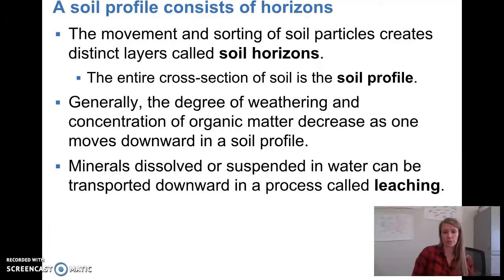And then there is a process called leaching. Basically, leaching is what happens as water moves down the soil profile. It rains, then there's water in the top horizons. It dissolves the materials that are in the top horizons and carries those materials down with it to the deeper horizons. It's kind of like coffee in a coffee filter, right?